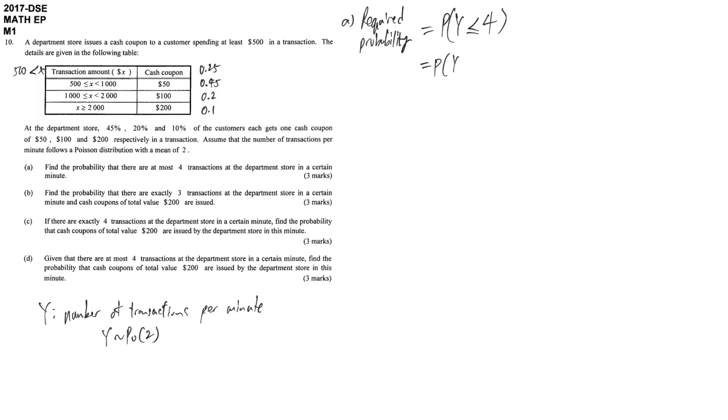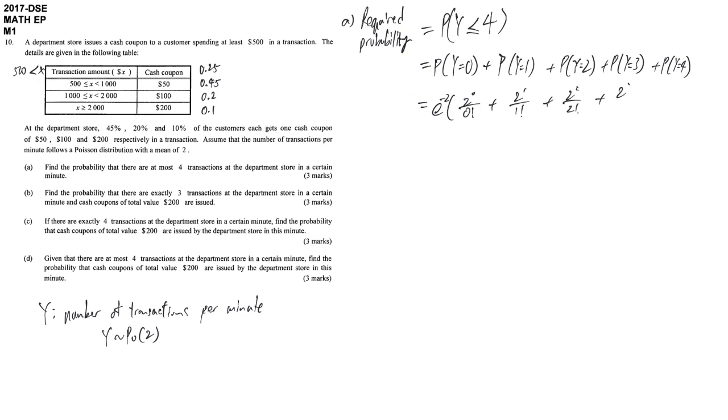That means we consider the case from Y equal to 0 until Y equal to 4. e power of negative 2, and then we have 2 power of 0 over 0 factorial, 2 power of 1 over 1 factorial, and so on. Seven times e power of negative 2, which is 0.947346982.